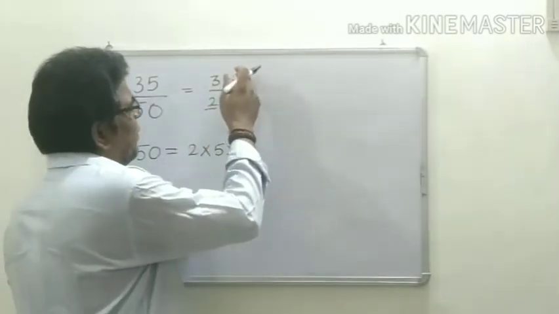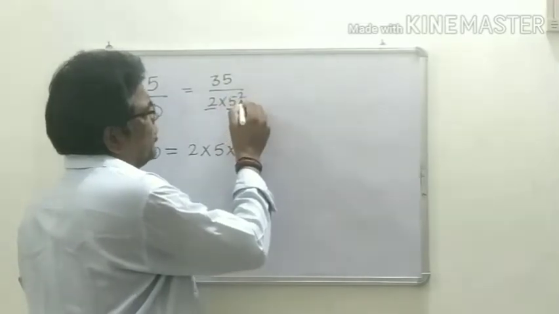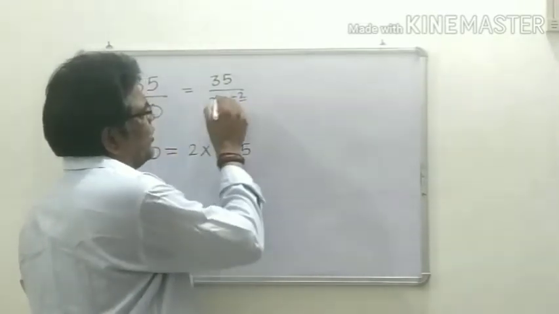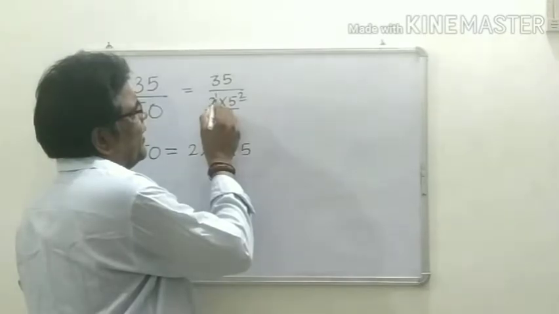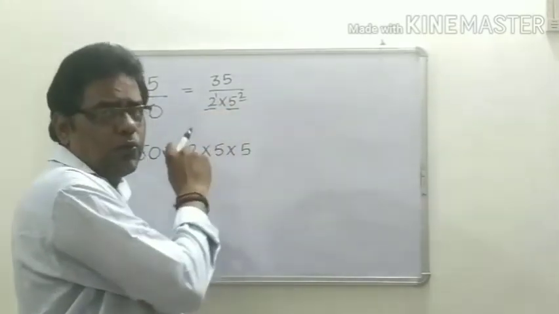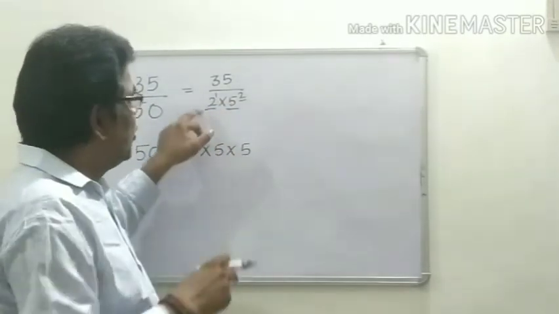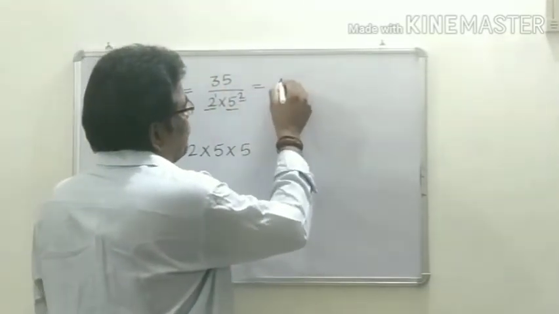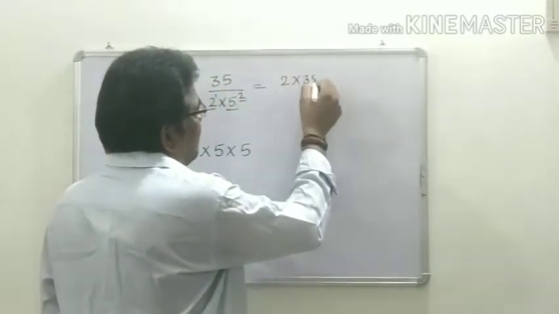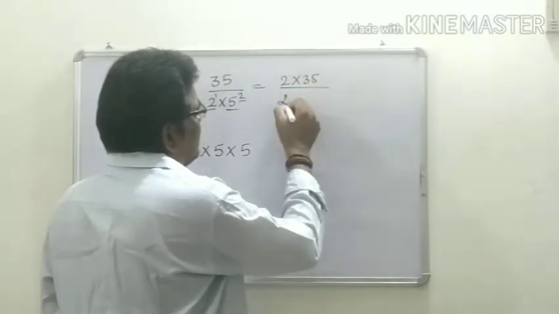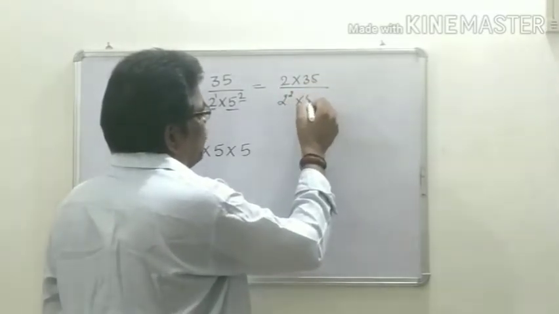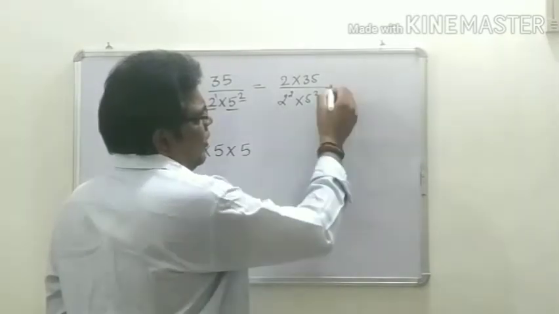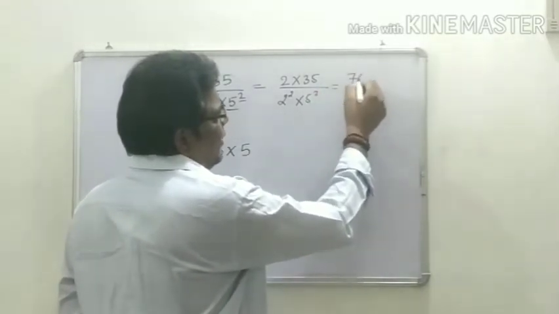Here you have 5 power 2, here you have 2 power 1. To make it the same, you will have to multiply by one more 2, so that it also gets 2 power 2. So you do 2 into 35 upon this. Now it becomes 2 power 2 into 5 power 2. Now above it will be 70.